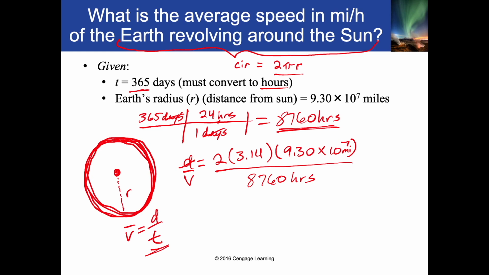So we'll do 2 times 3.14 times 9.30 times 10 to the 7th. And then we divide all of that by 8,760.